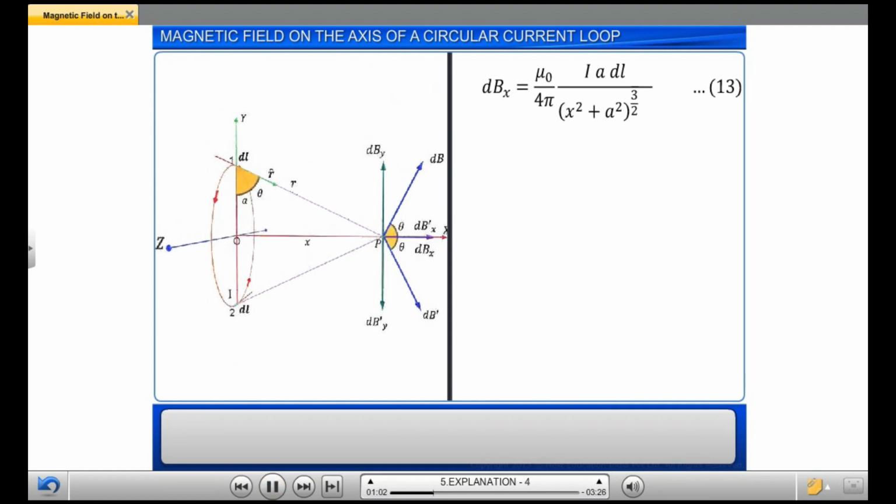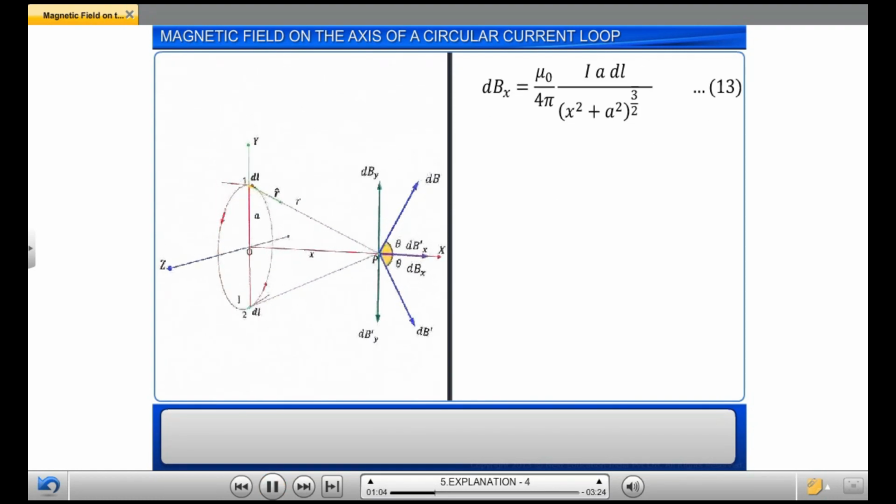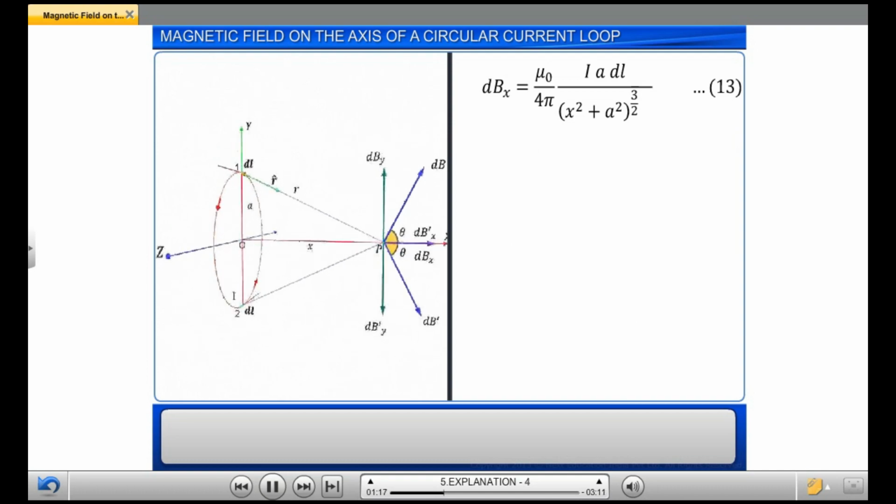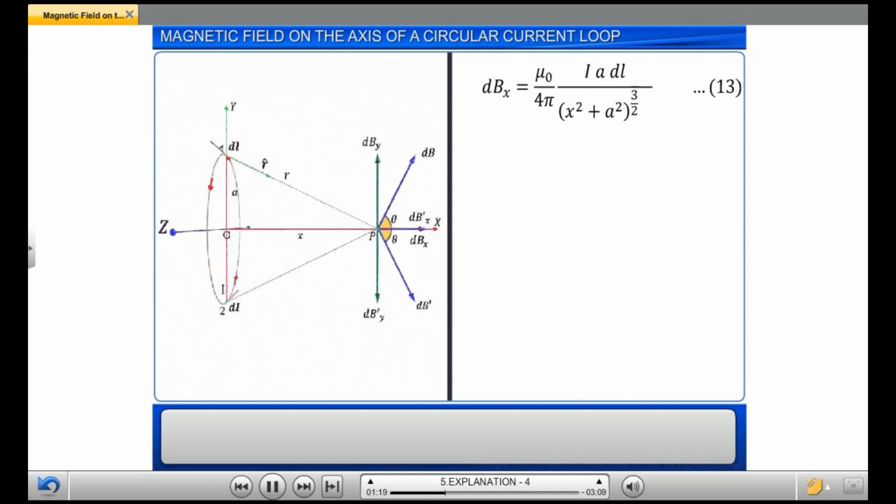The net magnetic induction B due to the total circular loop at P can be obtained by integrating the horizontal components of magnetic field induction due to the small elements of the circular loop. That is, B is equal to integral of dBx.